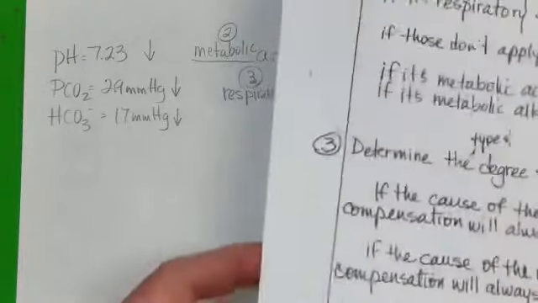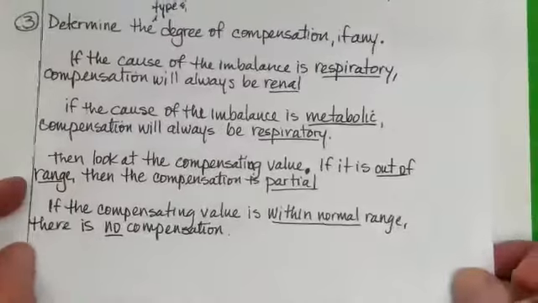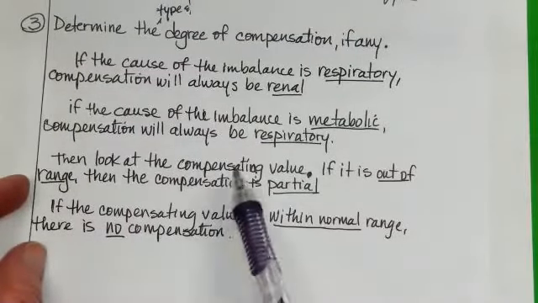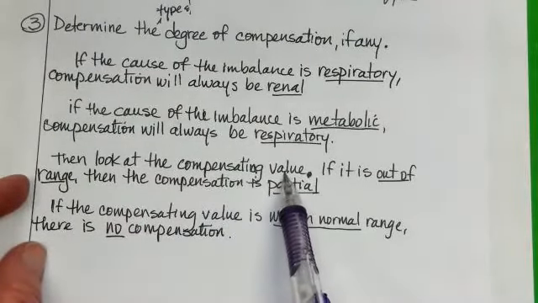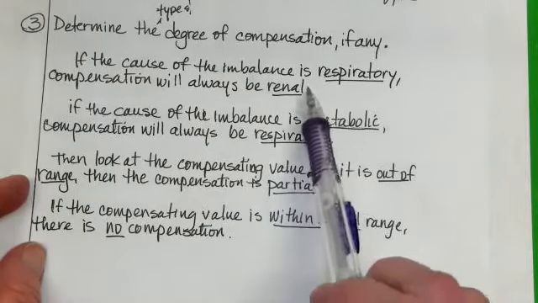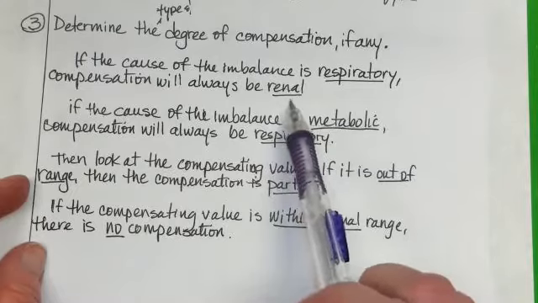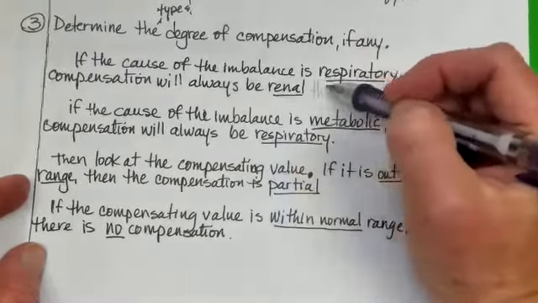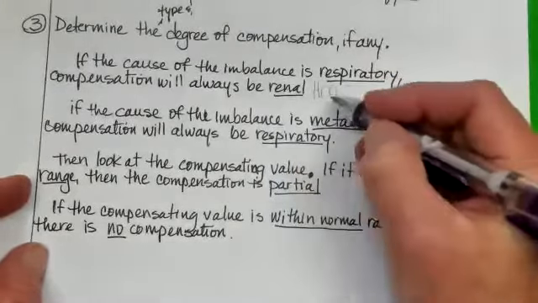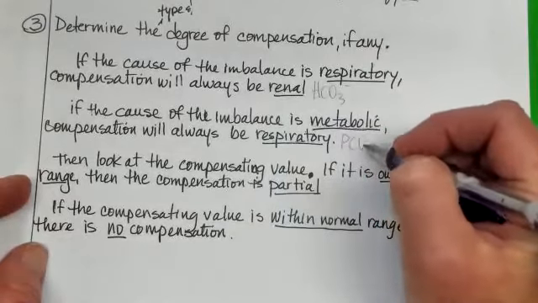Well, the next one says, now look at the compensating value. This is going to be either a renal thing or a respiratory thing, so it's going to be bicarb level or PCO2 level.